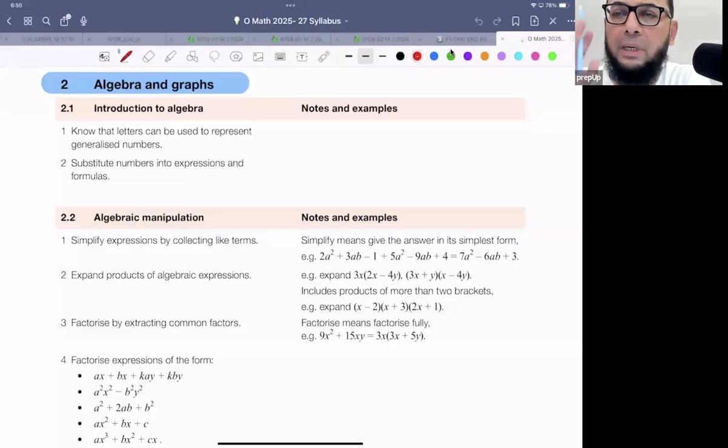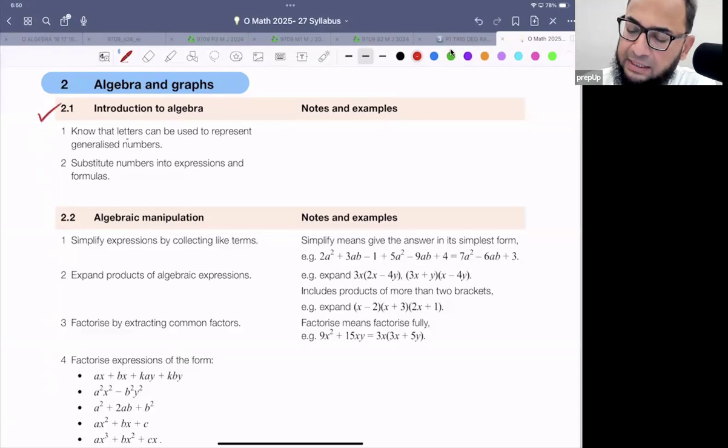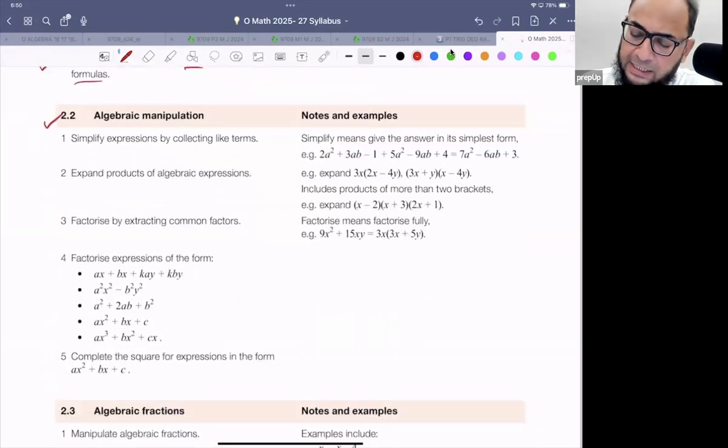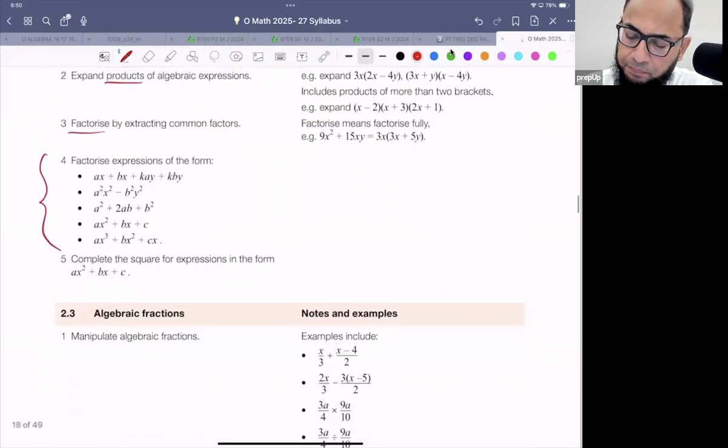I think I'm just moving my hand. It's all good now. Okay. So introduction to algebra, that's all done. Letters can be used to represent generalized numbers, substitute numbers into expression formulas, algebraic manipulation, expression, simplify, expand, factorize things of this type.